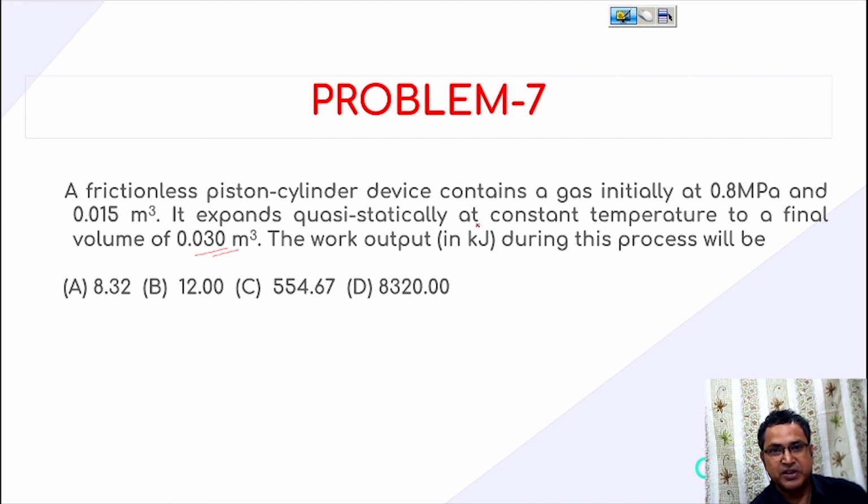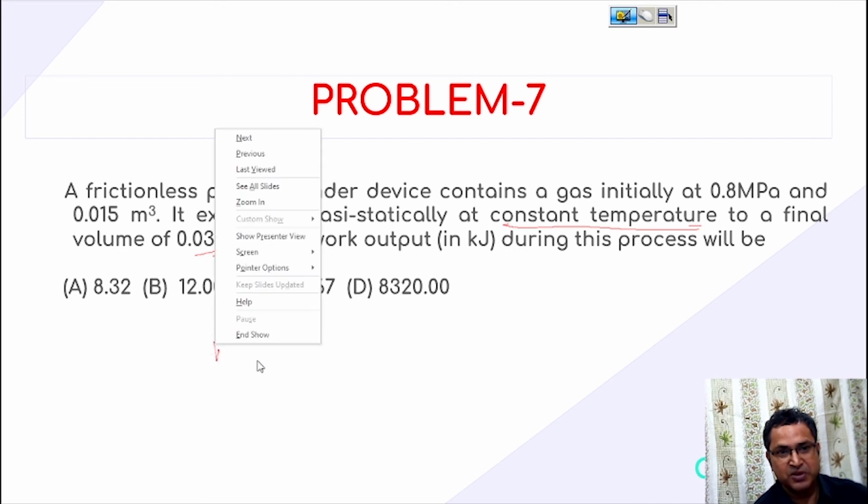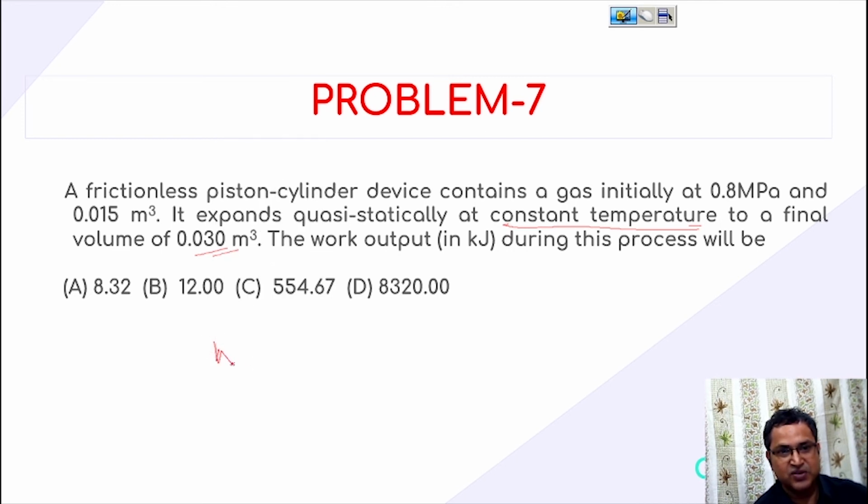Since the temperature remains constant, it is an isothermal process, and in an isothermal process, what is the work done? Work done in an isothermal process is P1 V1 ln V2 upon V1. P1 is known as 0.8 megapascal, that is 0.8 into 10 raised to the power 6 pascal.